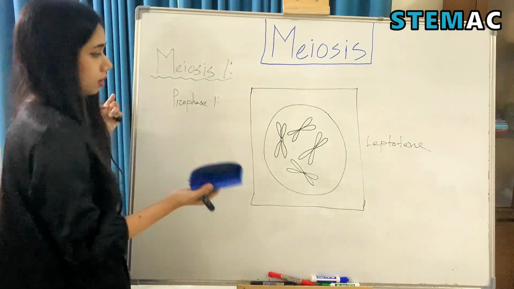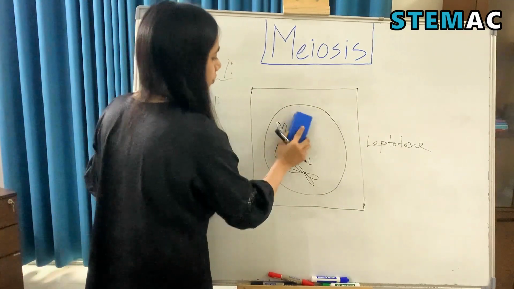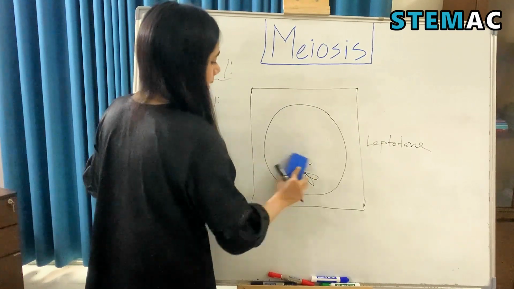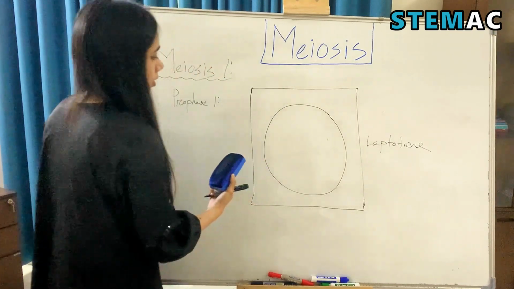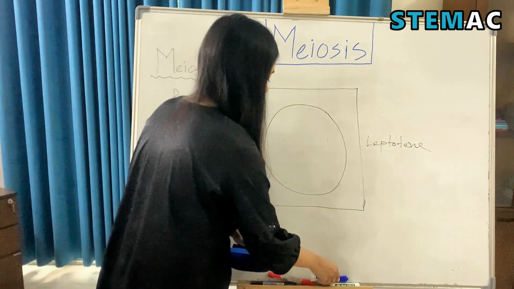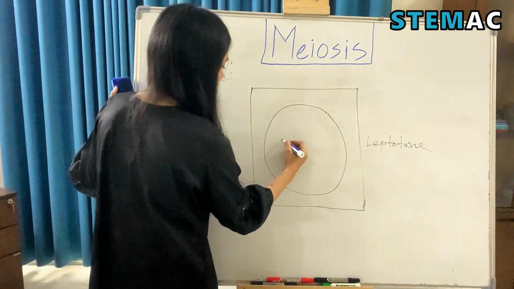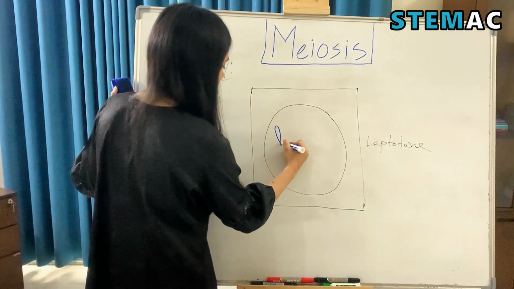So after leptotene, these chromosomes will form homologous pairs. Say this is a chromosome from the mother.